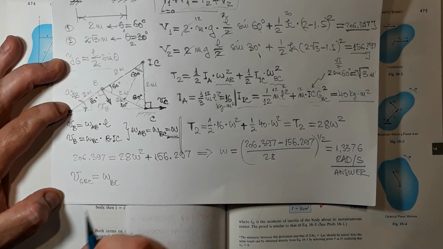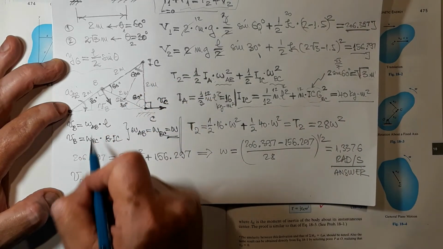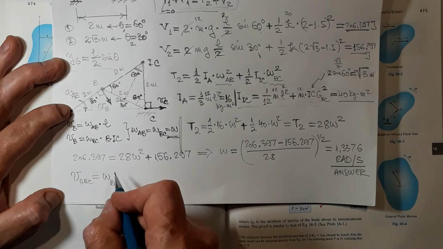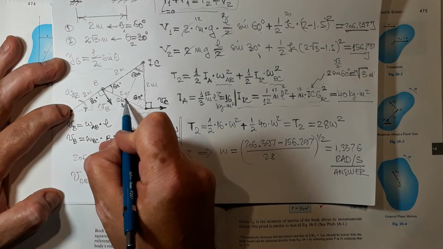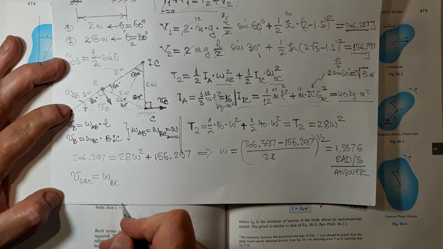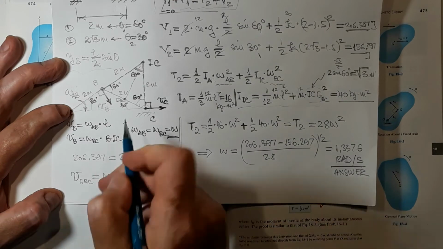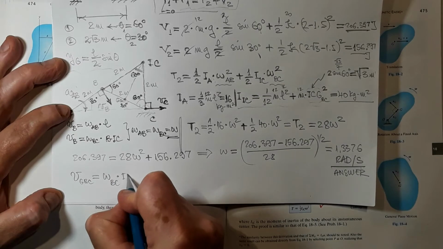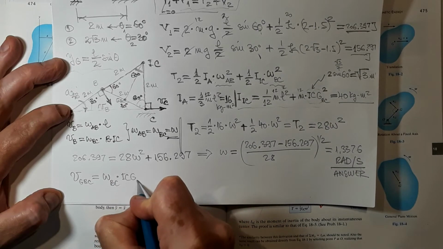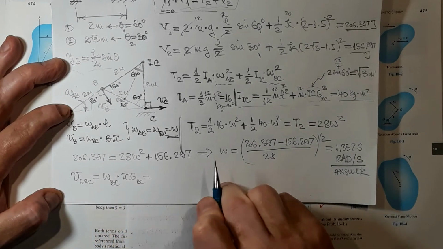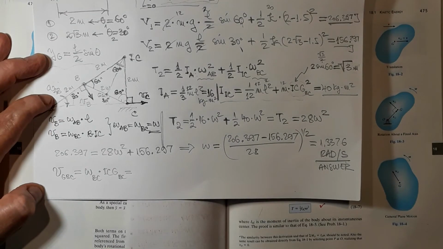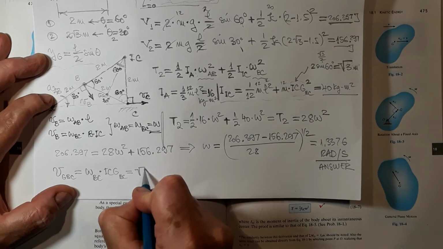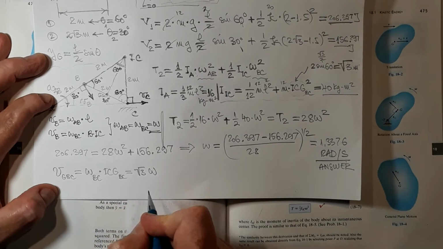And by now, if we use instant center, we know that omega of BC equals omega of AB. But in any case, the velocity of the center of mass is going to be omega times the distance from the instant center to the center of mass of BC. Okay, and we've got that calculated. It's square root of 3, so square root of 3 omega.